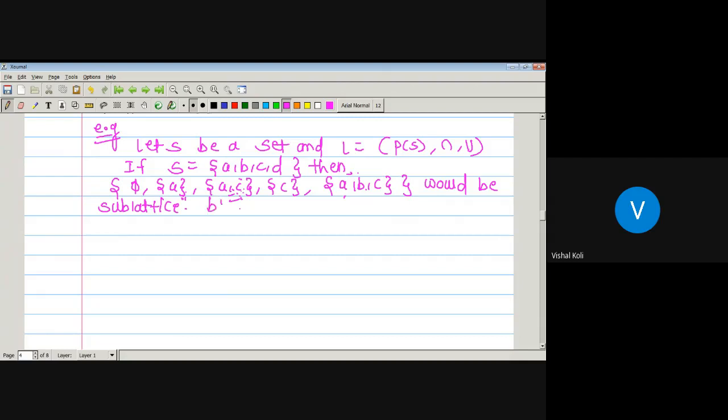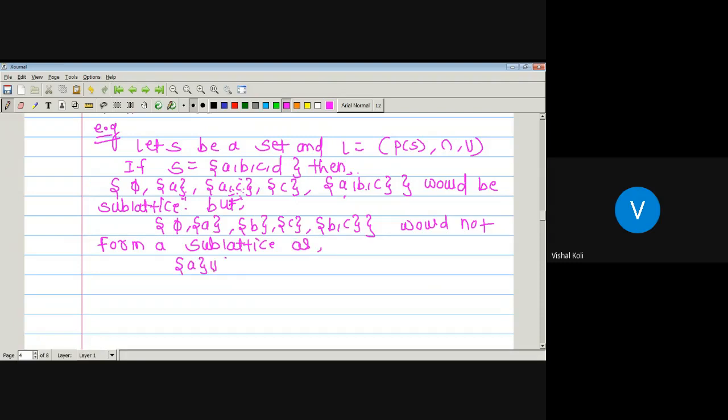The set phi, singleton A, singleton B, singleton C, and doubleton BC would not form a sublattice, as singleton A union singleton C is nothing but doubleton A and C. Since the union of these two sets, singleton A and singleton C, is doubleton AC, but doubleton AC does not belong to this set.